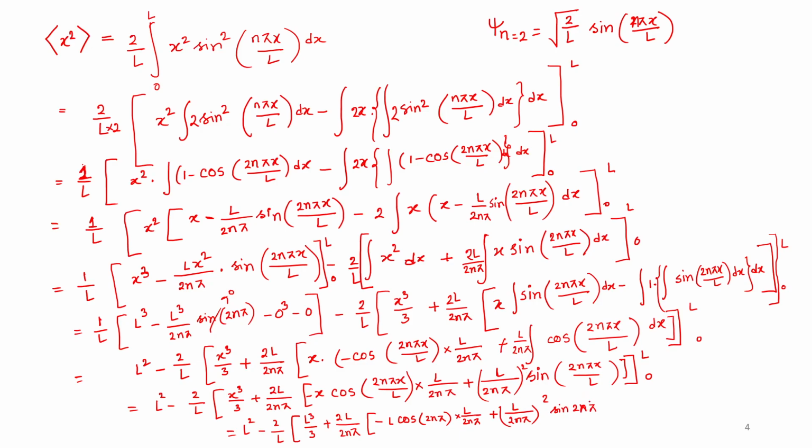Well, this whole term is going to be 0 minus, this is 0 cube by 3, that will be 0. Then this 12 by 2n pi, I have taken the minus earlier, so I will not make any changes.